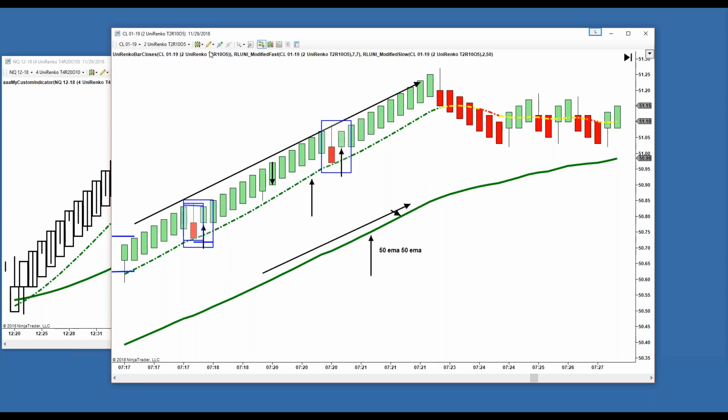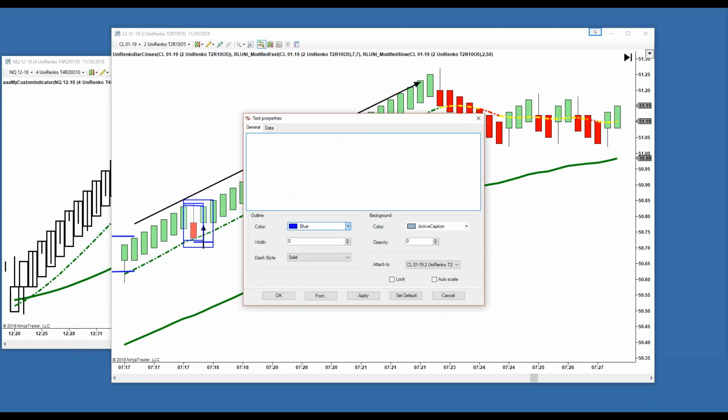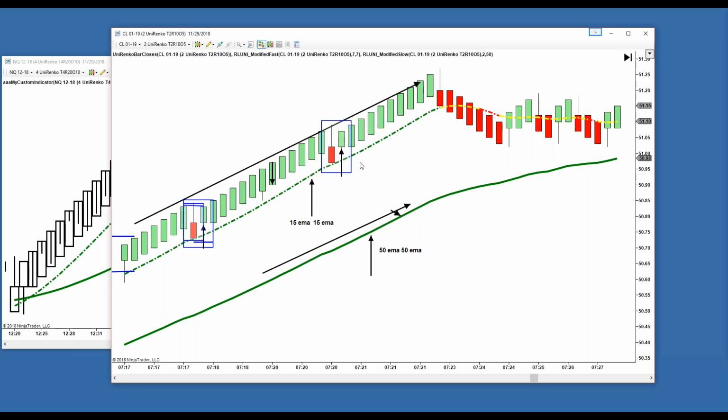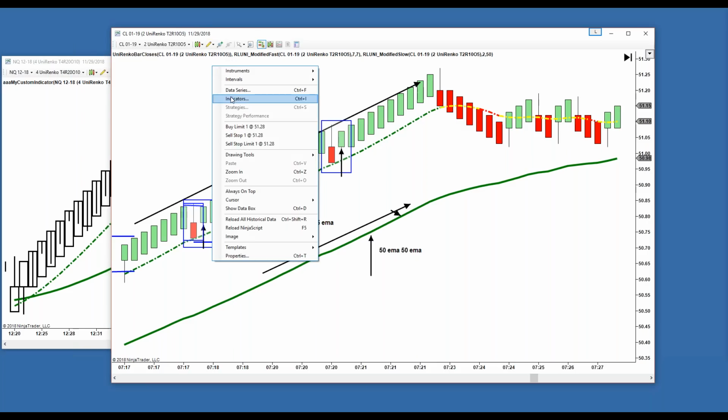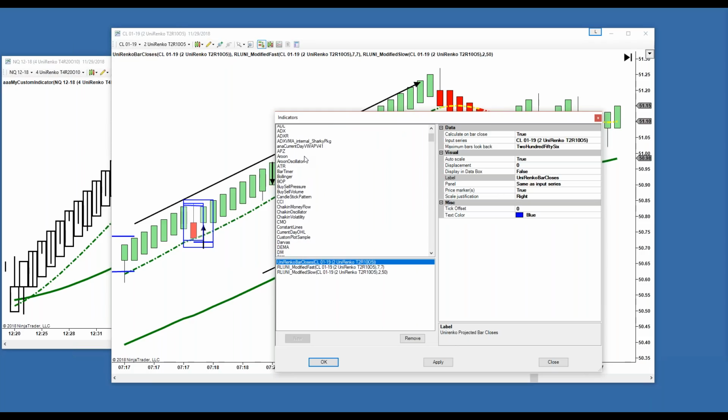This line is a 15 EMA of a 15 EMA. Now I'm gonna put a 15 EMA right over it, and you're gonna see how much nicer it moves. I'm gonna tell you why you need it.